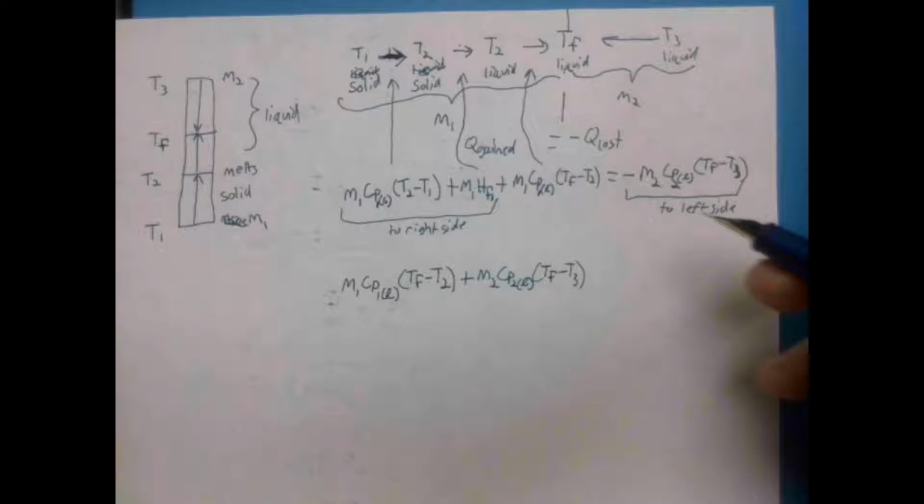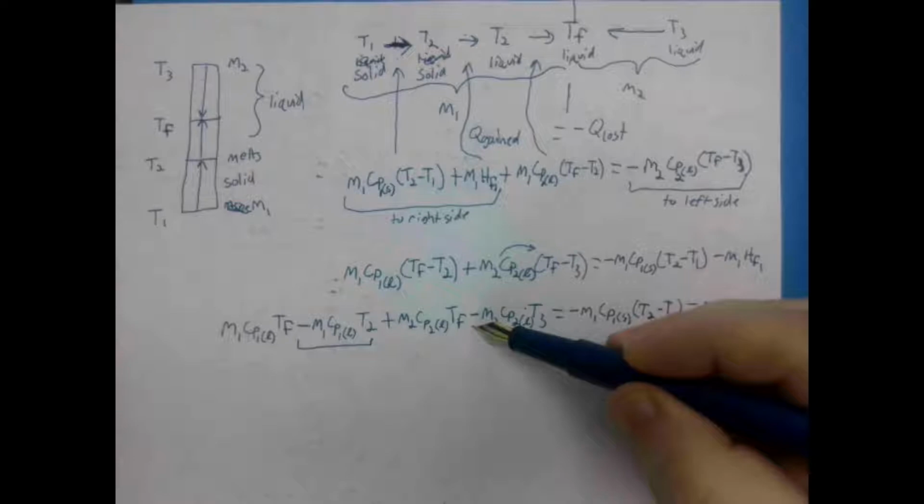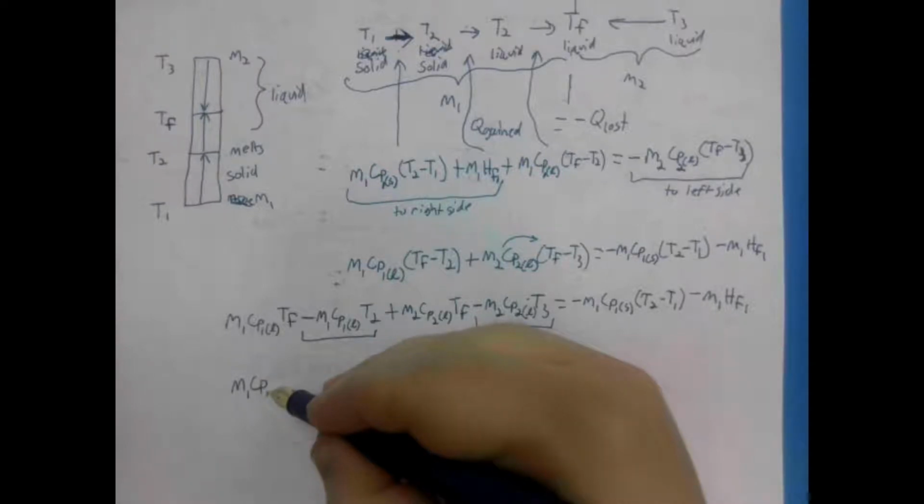And then we do again. We move everything that doesn't have TF to the other side, which would be these terms. So we end up with M1 CP1L times TF plus M2 CP2L times TF.